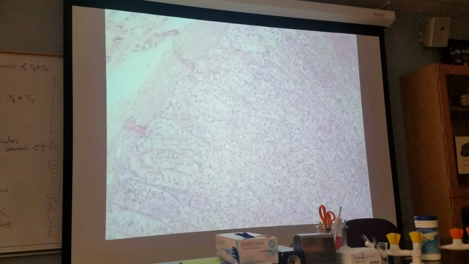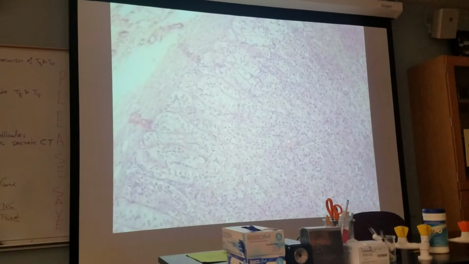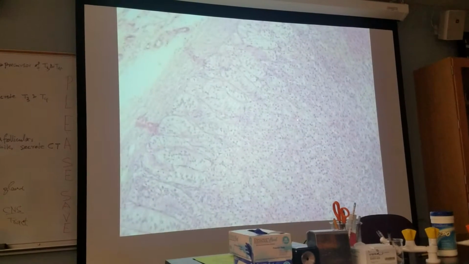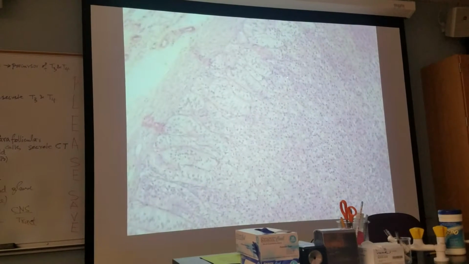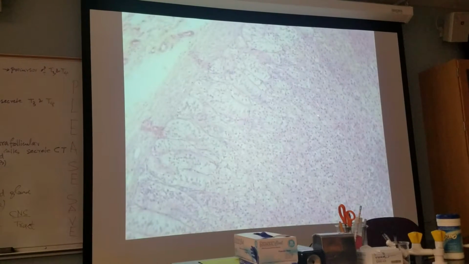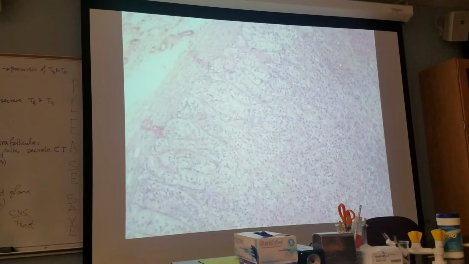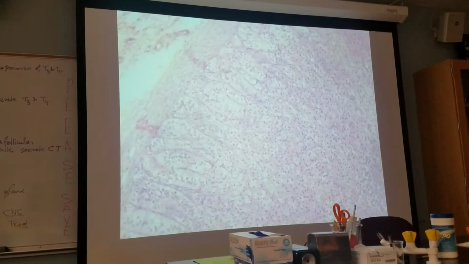After this, you can see cords of cells situated in such a way that they are very compact. The cords of cells are called fascicles. There is hardly any space between the cells. This is called zona fasciculata.